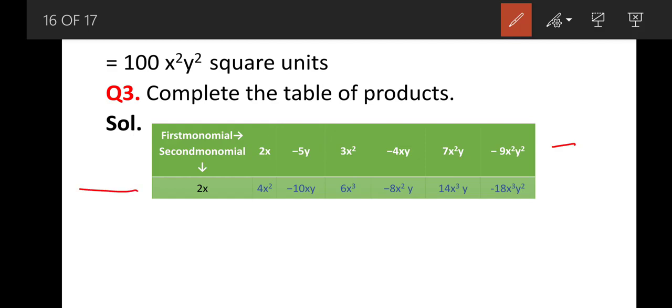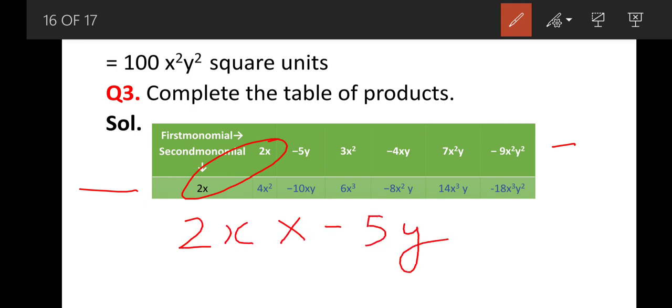What you are supposed to do is simply multiply the two monomials. The first answer will be 2x into 2x, which gives you 4x square. Then this 2x is to be multiplied by minus 5y, and your answer will be minus 10xy.